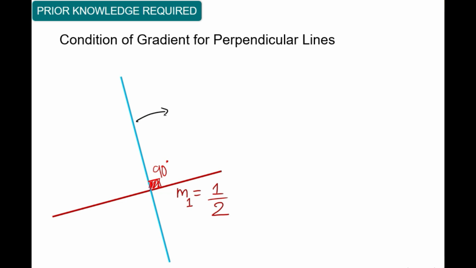Then the gradient of the blue line, m2, will be 2 over 1 with the opposite sign. This is something you have to remember when dealing with the gradients of perpendicular lines: flip the fraction and give it the opposite sign.